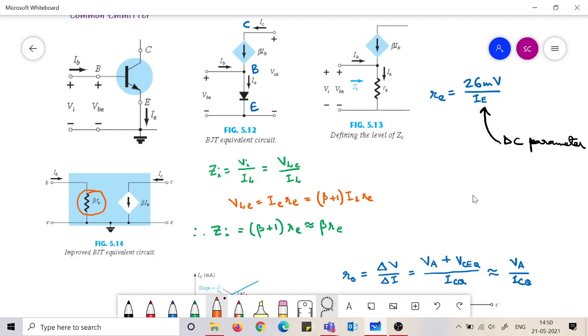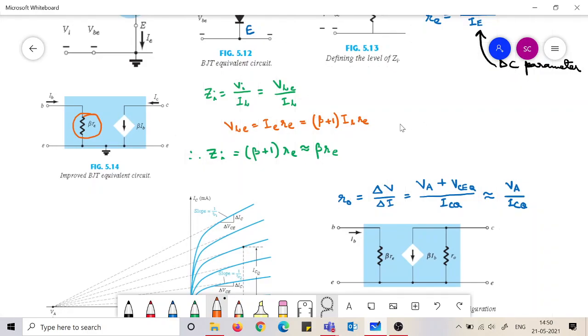Now one thing is that we also said that whenever we are treating anything as a two-port system, we must have an input impedance as well as an output impedance. But we have found out the output current, but we have not found out the output impedance. Normally this output impedance is very high, but even then there is some output impedance.